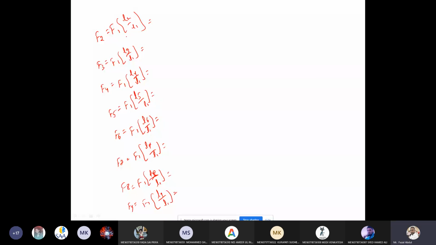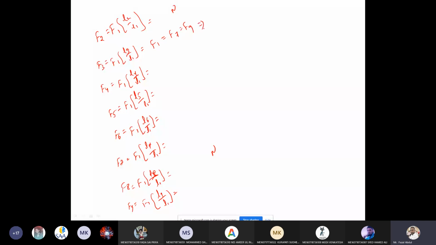Now tell me one by one, F2, F3, F4, F5, F6 up to F9. What is F2? If we calculate the F2 value, it is equal to F8. And F3 is the same as F1, F7, F9.